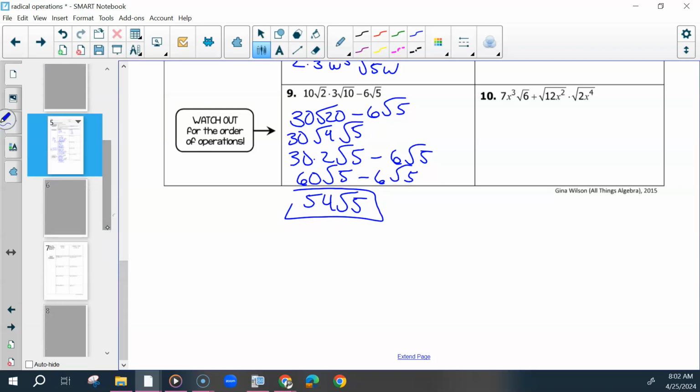Do we want to see 10 before we go on to the next page? Yes. What would we do first there? Multiply what? Yes, and then I'm just going to bring this part down. What would this become?